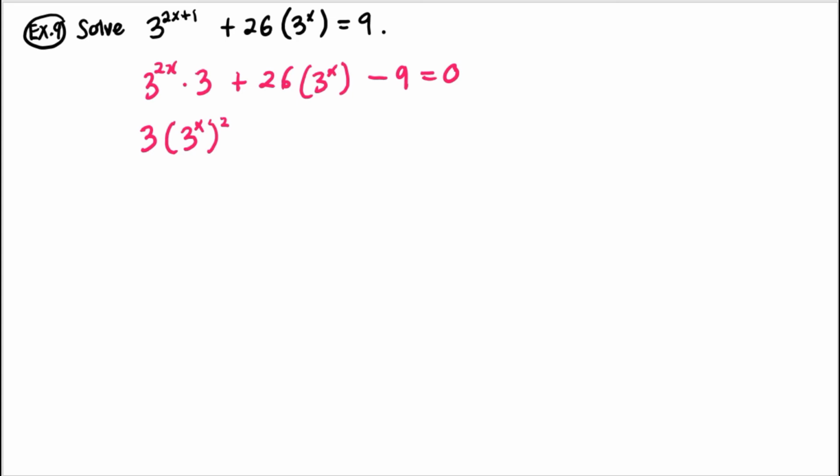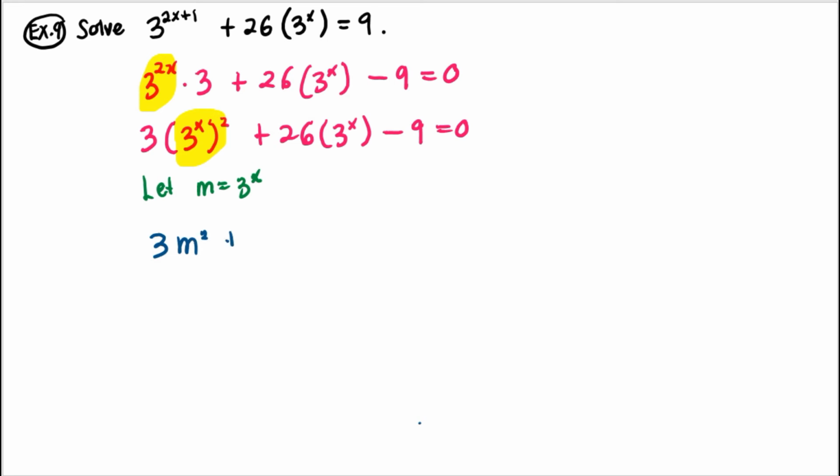I just modify this part, it will become plus 26, 3 to the power of x minus 9 which is equal to 0. Right now we can let m equal to 3 to the power of x. Therefore we have 3m squared plus 26m minus 9, this is equal to 0.